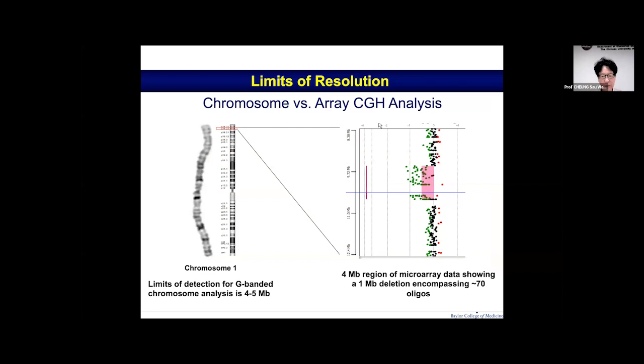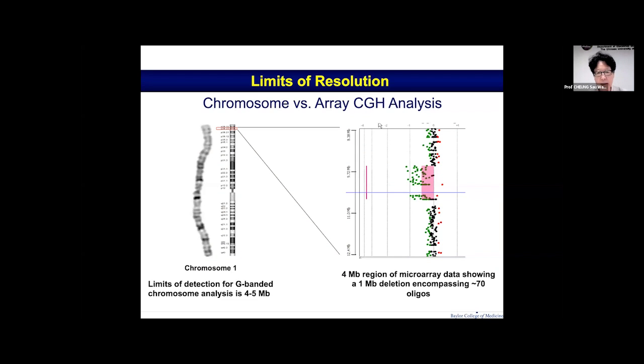As you can see, on your left is a high resolution chromosome 1. On your right, the red bracket shows a 4 megabase region. If there's a 1 megabase deletion, you won't be able to see it by high resolution G banding.